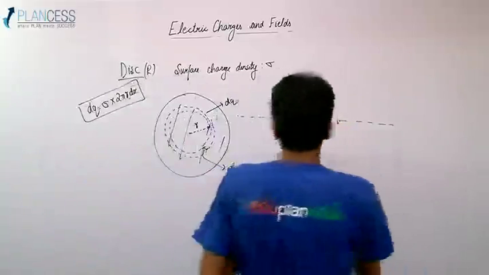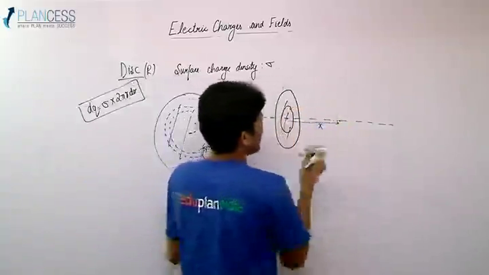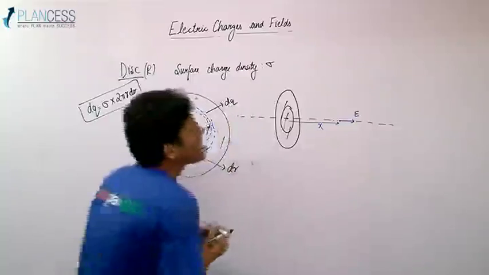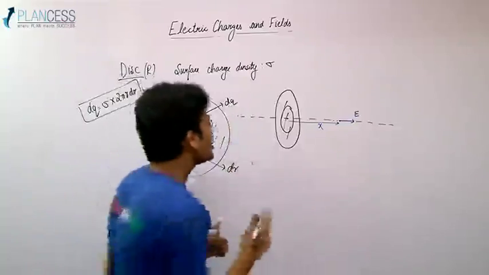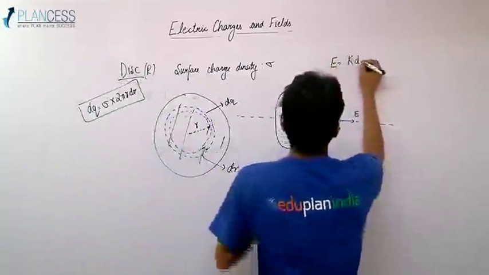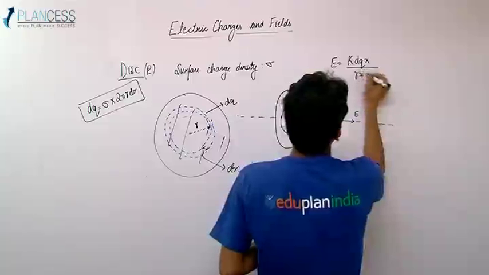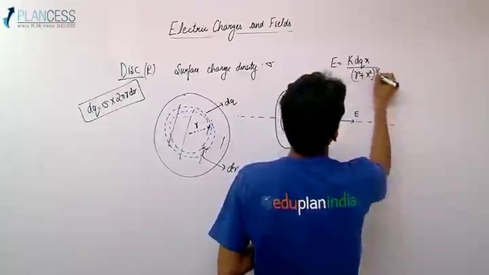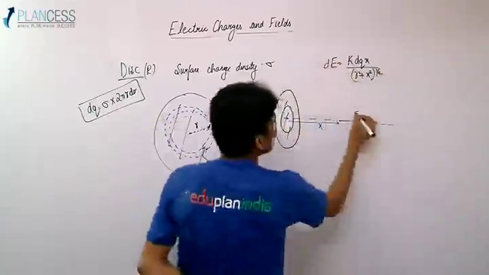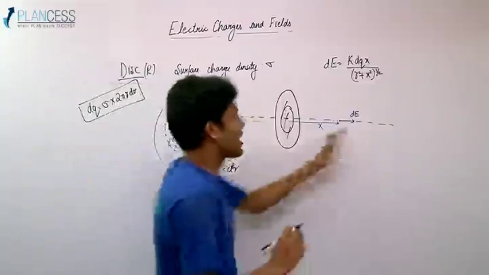Now, if I consider that ring over here, this ring would exert an electric field on the right hand side, like this. The value of this field, as we have all seen, would be k dq x upon (r square plus x square) whole to the power 3 by 2. If I substitute dq, this would be dE, because this is the small electric field put up by a ring at this point.